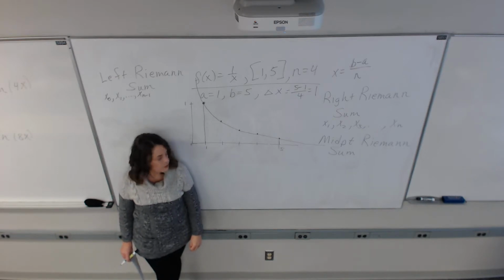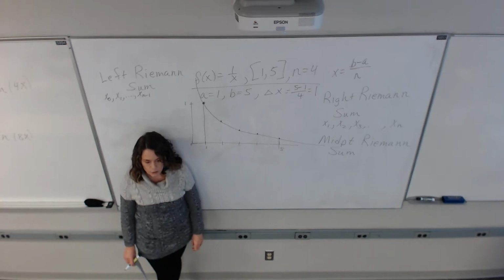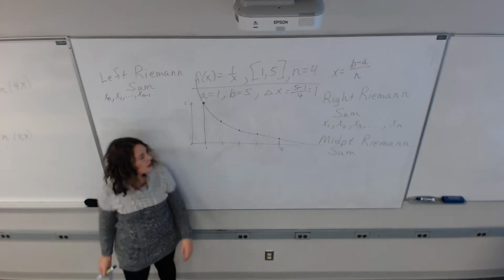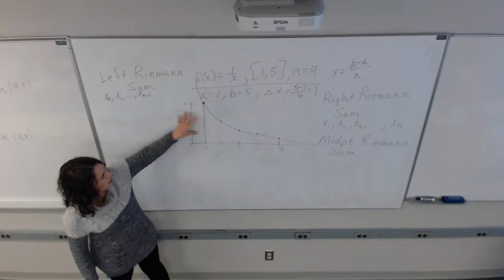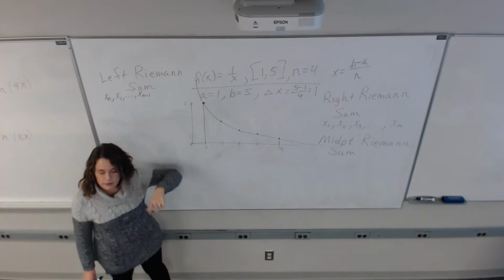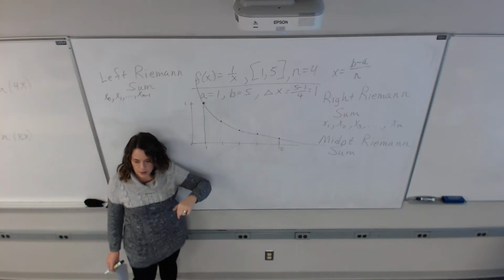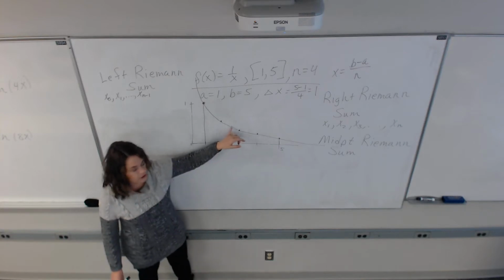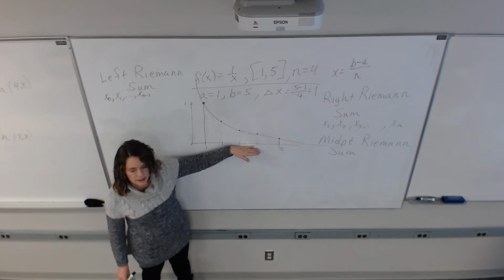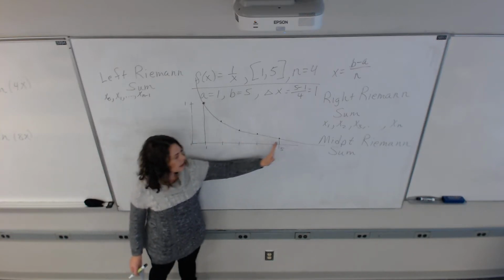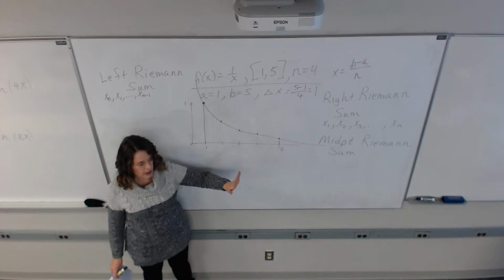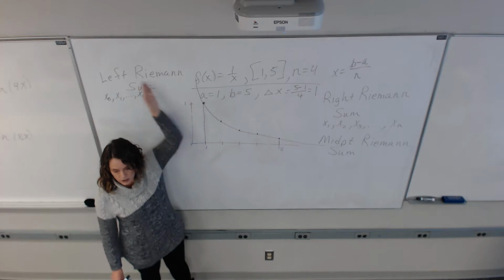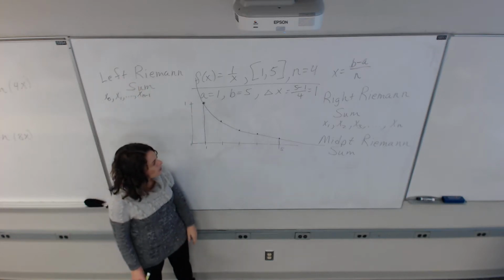When we get a little bit further, you'll see what I mean. If you draw it in the wrong region, it won't hold water. For example, if I poured water over here, the water would just come out this way because I never said the y-axis is one of the boundary lines. I said the function, the x-axis, x equal 1, and x equal 5. Nothing else counts as a boundary, all right? So if I poured water here, it would just go out that way, right? It would flow out.